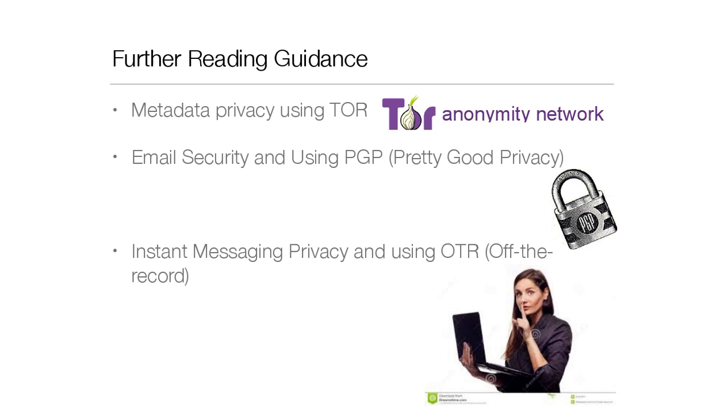Then the person who has your public key can use it to encrypt messages to you, and only you can decrypt them. That is the general method of using public key technology. And for instant messaging privacy, there is the Off-the-Record (OTR) protocol. These are the things you can read further about on the internet.